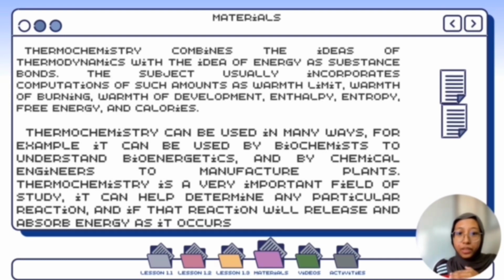For example, it can be used by biochemists to understand bioenergetics and by chemical engineers to design manufacturing plants. Thermochemistry is a very important field of study because it can help determine whether a particular reaction will release or absorb energy as it occurs.